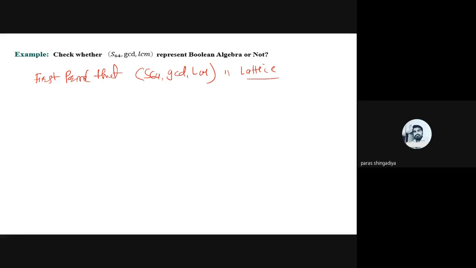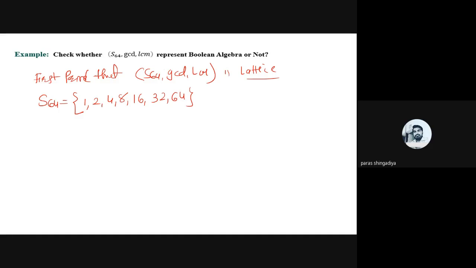And now let us check whether it is a complemented lattice or not. First we require S64. So S64 is equal to 1, 2, 4, 8, 16, 32, and 64.